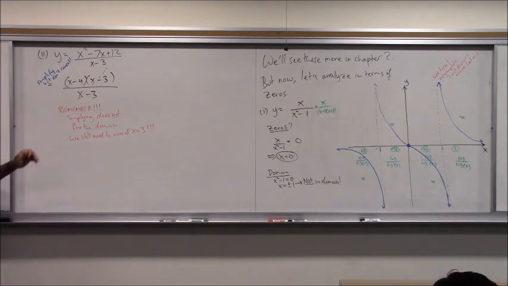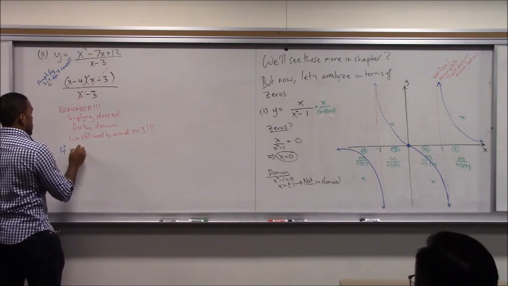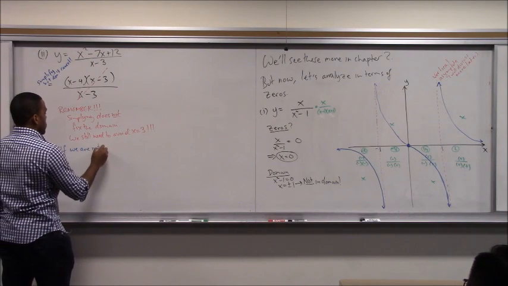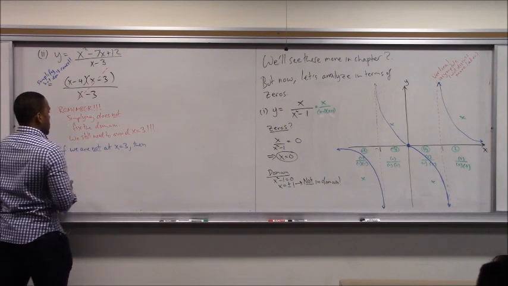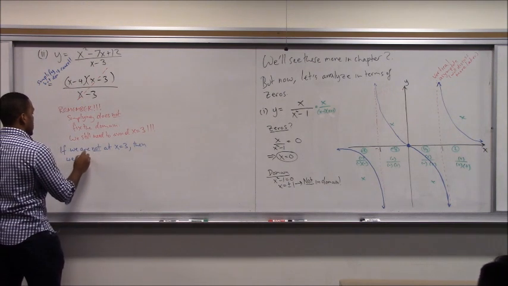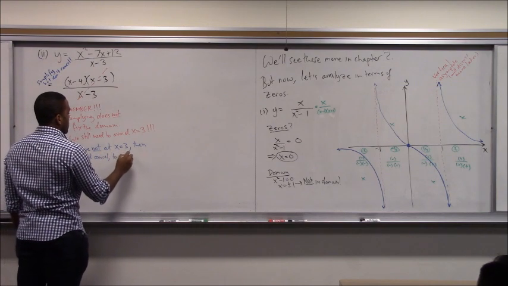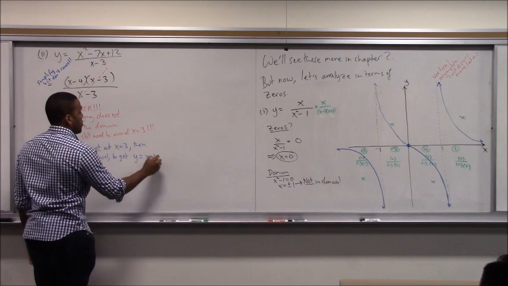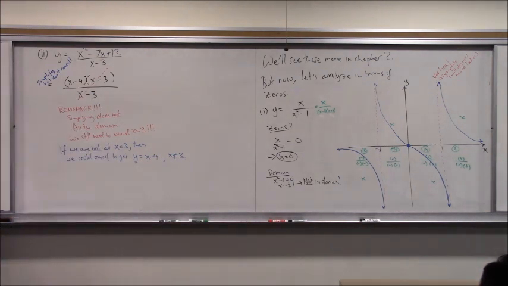And again, in chapter 2, we're going to actually look at this in a very different way as well. But the point is here, what I want you to realize with this particular function, if we are not at x equals 3, then we could cancel to get y is equal to x minus 4, but we make sure that we still know it cannot be 3.